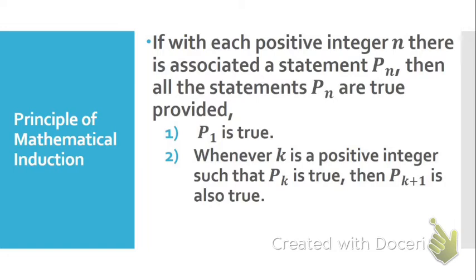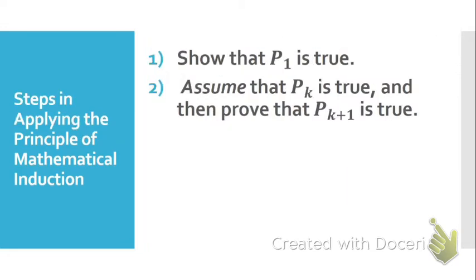Steps to using mathematical induction. There are two parts to mathematical induction that go along with these two principles. In order to do a proof by mathematical induction, the first thing we have to do is show that this is true for the first term. Whatever it is that we're trying to prove, we have to show that it's true for the first term.